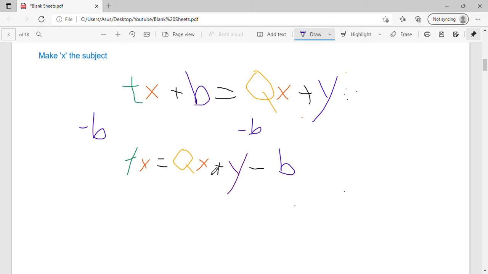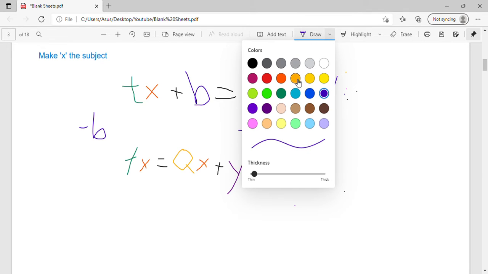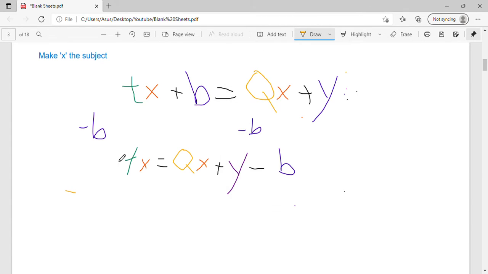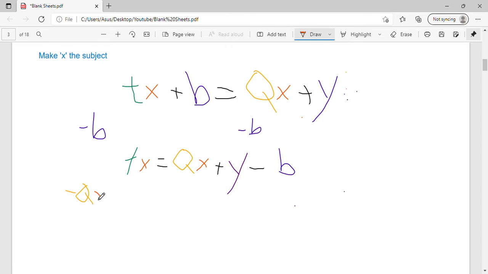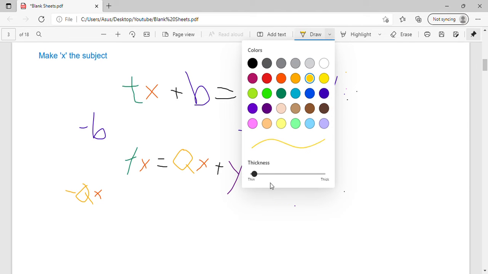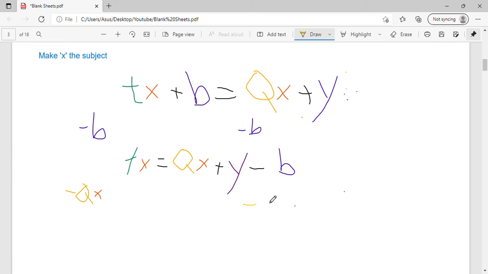Now let's get the q over onto this side. So let's minus both sides by qx, shall we? So minus qx, minus qx, both sides.